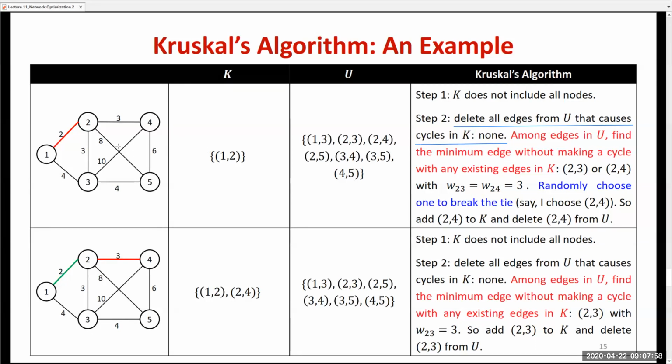And then the next thing is that among all edges in U, which are all these black edges, we're going to choose the one with the minimum weight, add this edge to K and remove this edge from U. Clearly here I have two choices, 2, 4 or 2, 3. Following the same step as in Prim's algorithm, I choose edge 2, 4.